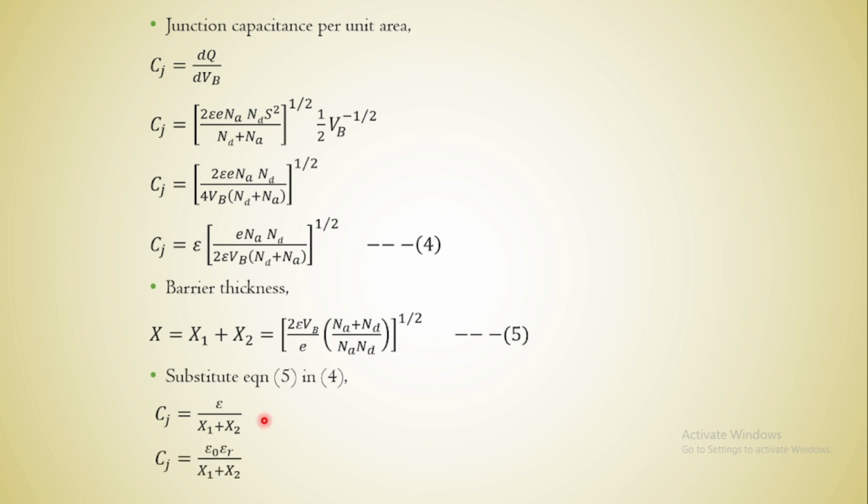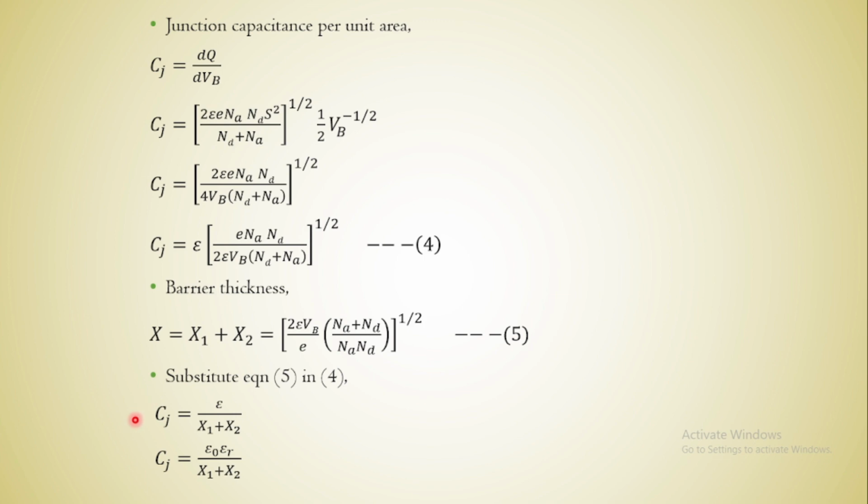And this epsilon can be written as epsilon naught into epsilon r, that is the standard notation. Epsilon naught is absolute permittivity, whereas epsilon r is relative permittivity, or what we call the dielectric constant. And finally, this is the formula which gives the details about junction capacitance per unit area.